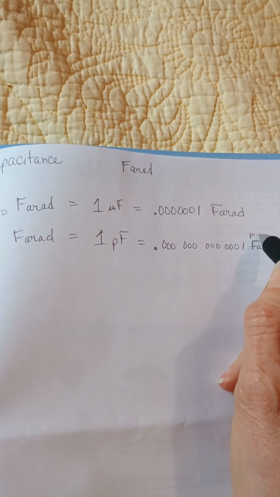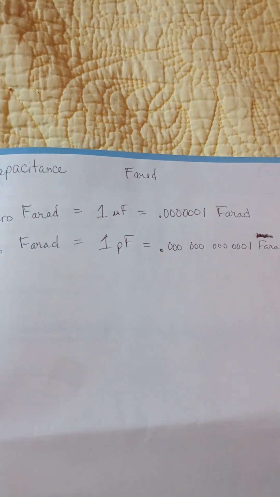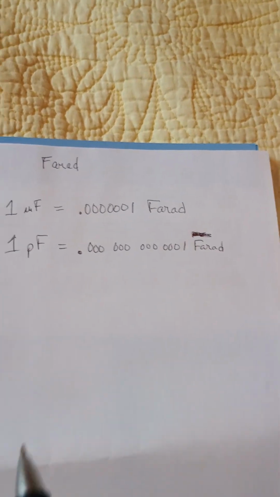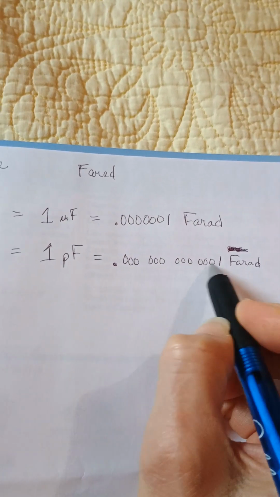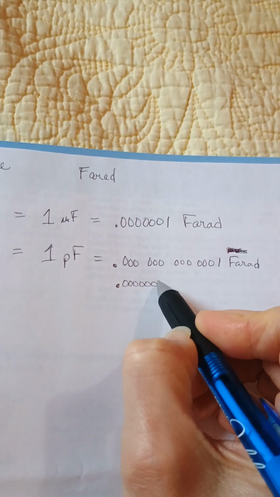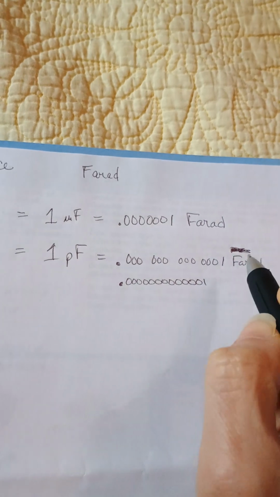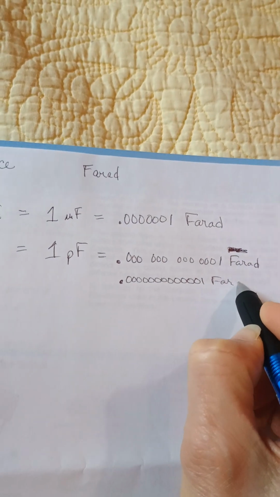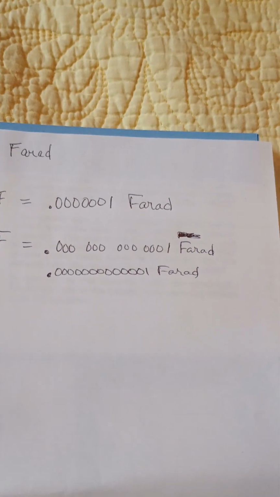Should I have put the spaces between it? No, I should have just written that all together. So I'm going to do that right here: 0.000000000001 farad. So it should look like that. I should not have put the spaces. Sometimes I just do that to make sure I get enough.